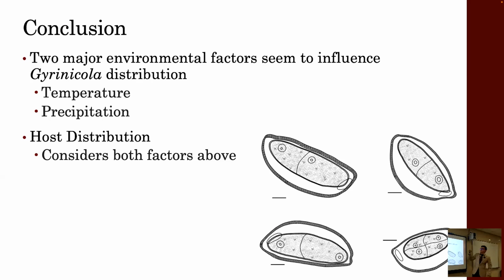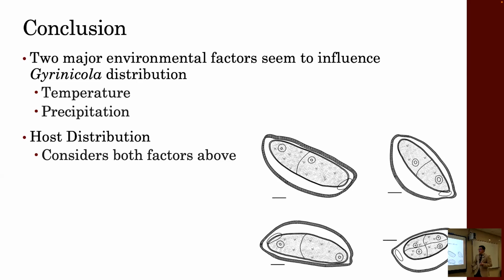It is possible that there are some environmental factors affecting these Gyrinicola distributions, such as temperature and precipitation. But I'm not quite sure about that. The only time at which those environmental factors would really directly affect the Gyrinicola is in this egg stage, particularly those thick-shelled eggs.